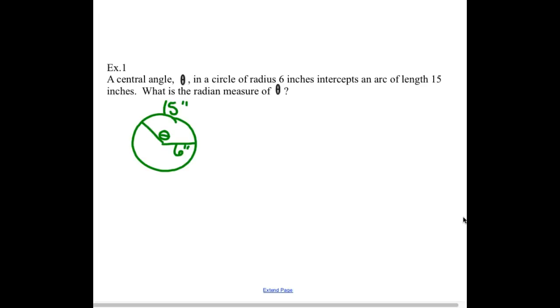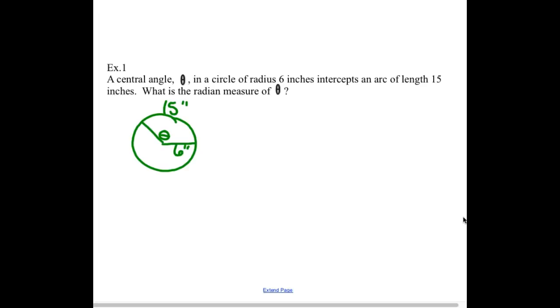Yes? So, are we bigger than 1 radian? Yes? Are we bigger than 2 radians? If a radius is 6, a radian would have an arc length of 6. So are we bigger than 2? Are we bigger than 3? No, somewhere between 2 and 3.